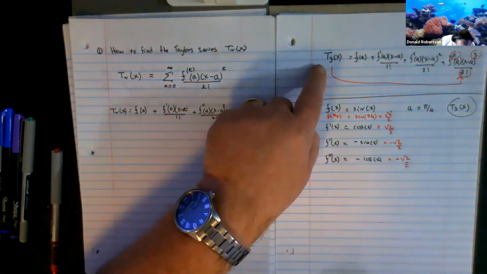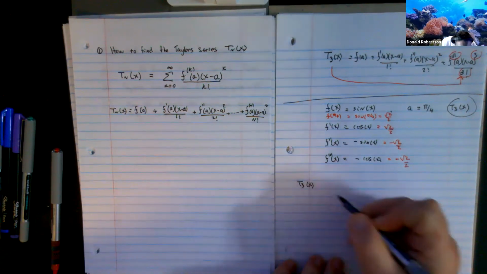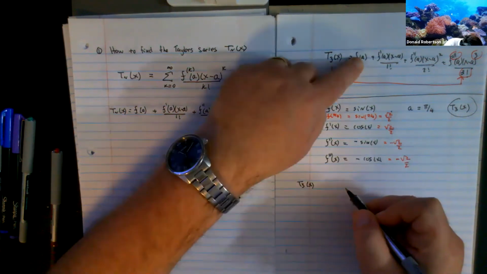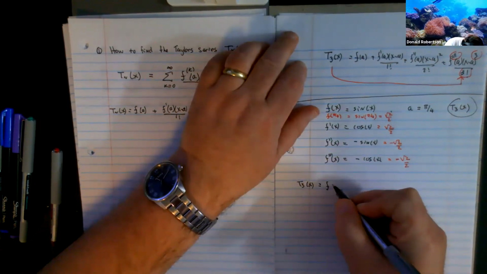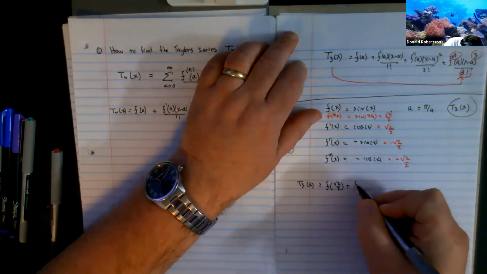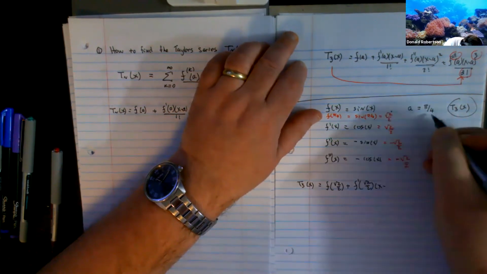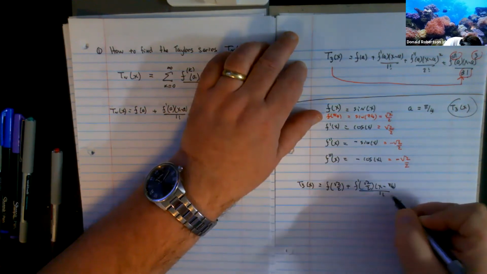And then I put the package together. Right, it's the value of the function. Essentially, I'll put this line in. I wouldn't normally do this, but I'll put it in. It's going to be the value of the function plus the first derivative, x minus a, pi upon 4, over 1 factorial.